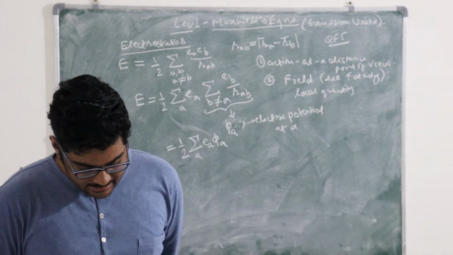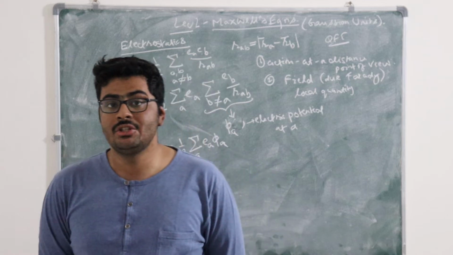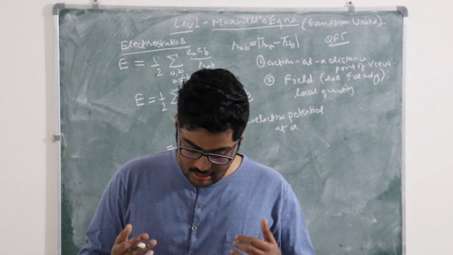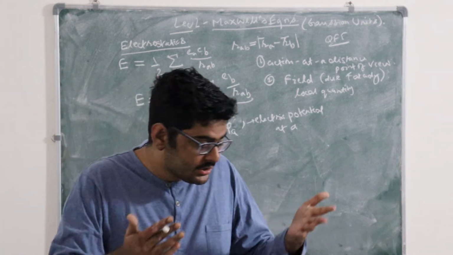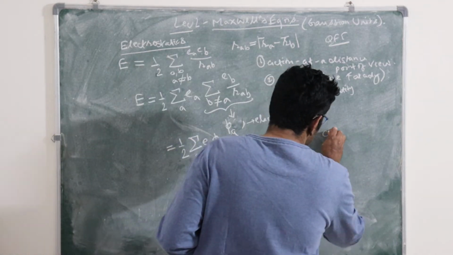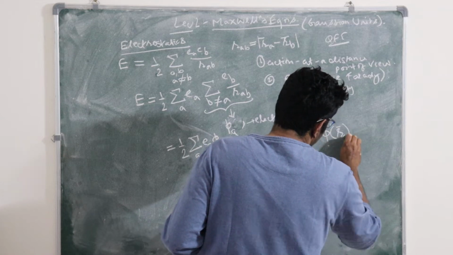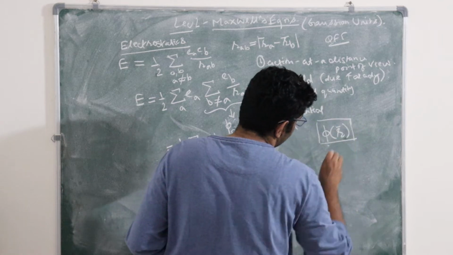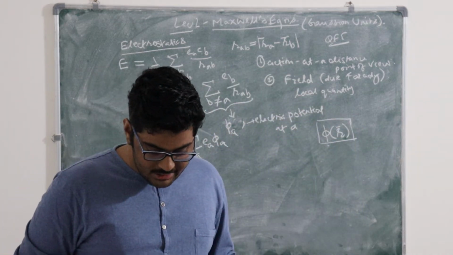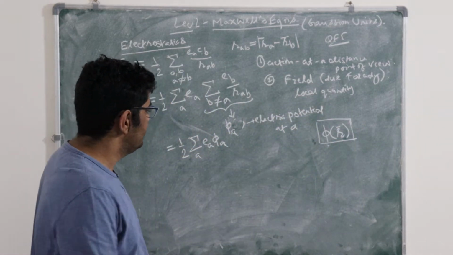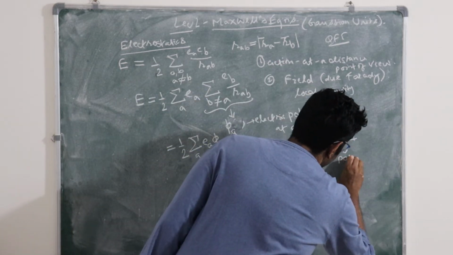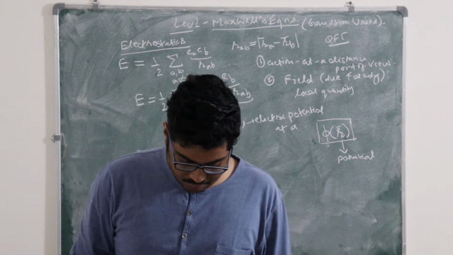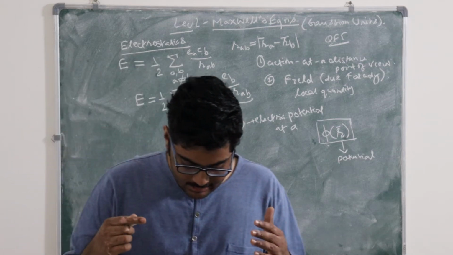Now we take a step in this direction by considering the potential as a field. What is a field? It can be a field of something, so let's take the potential. Since a field is a local quantity, it must be defined everywhere. So this is phi of r, and we simply call it the potential.